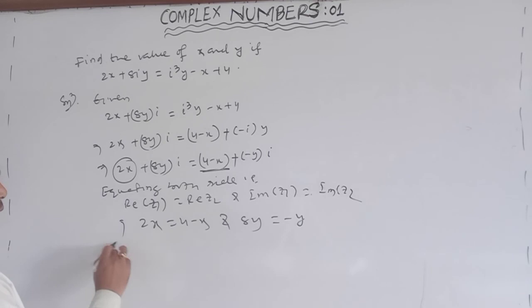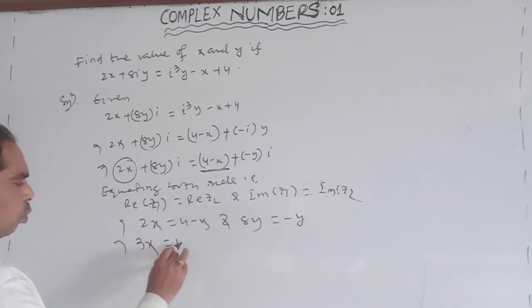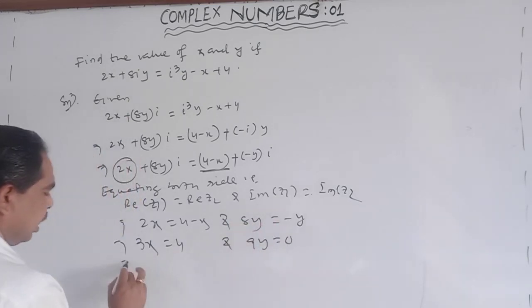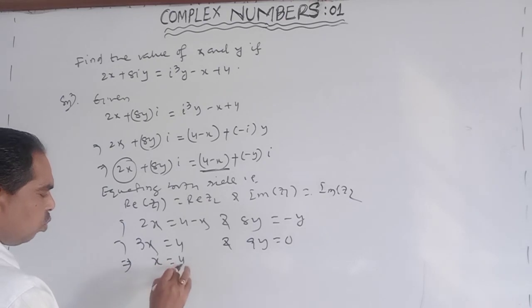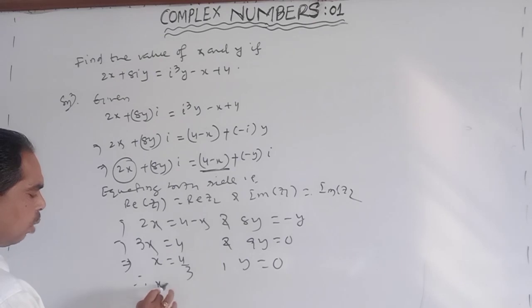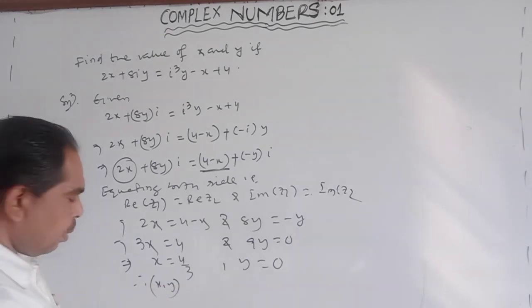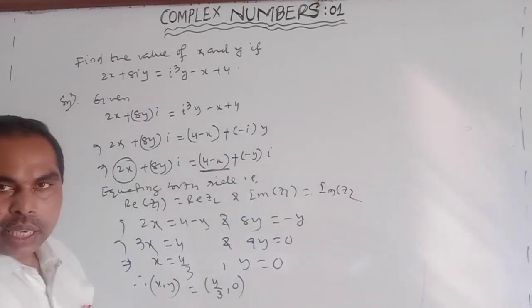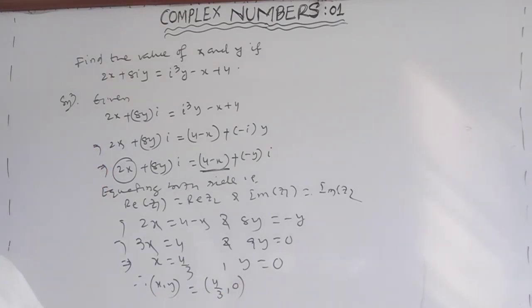So 3x is equal to 4 and 9y is equal to 0. Implies x is equal to 4 by 3, y is equal to 0. Therefore x comma y means 4 by 3 comma 0. This is the answer. Okay.